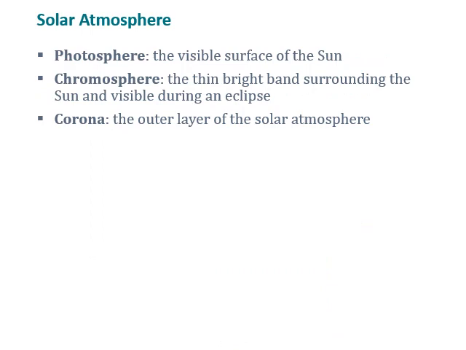The solar atmosphere can be divided into the photosphere, which is the visible surface of the Sun, the chromosphere, which is the thin bright band surrounding the Sun and is visible during the eclipse, and finally the corona, which is the outer layer of the solar atmosphere.